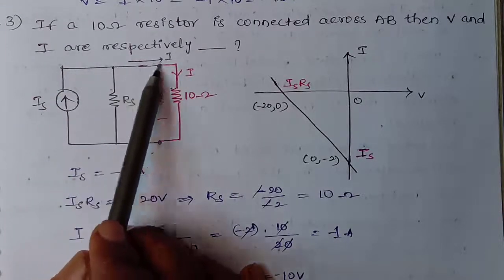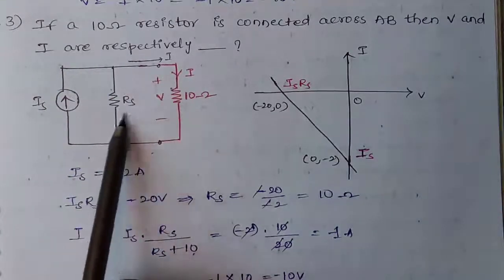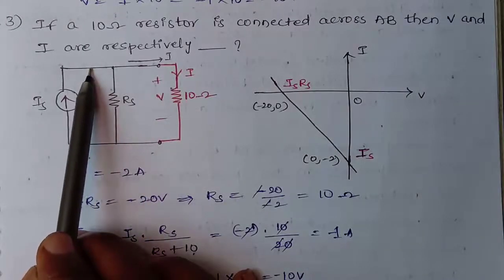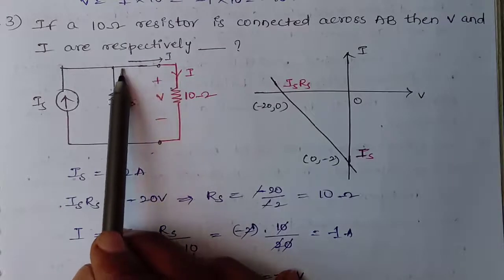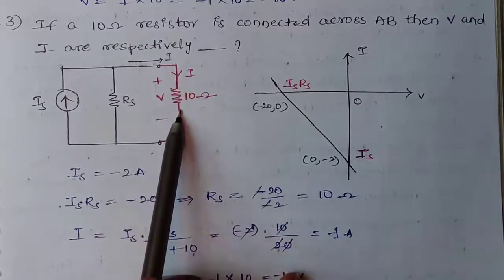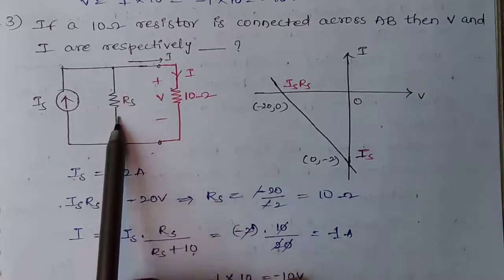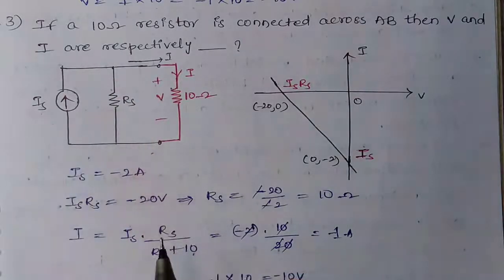We have these two resistances connected in parallel, that means this current will divide equally. Minus 1 ampere goes to this resistance and minus 1 ampere flows to the other resistance. We got minus 1 ampere as our current.